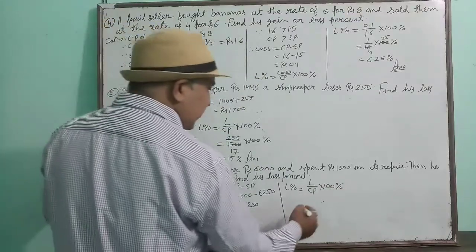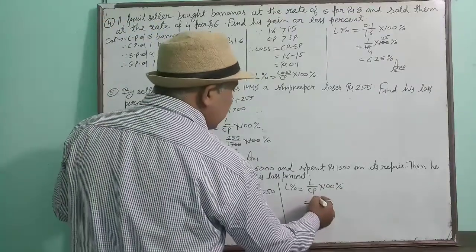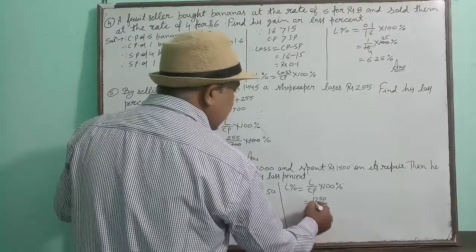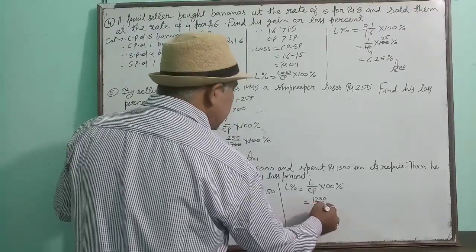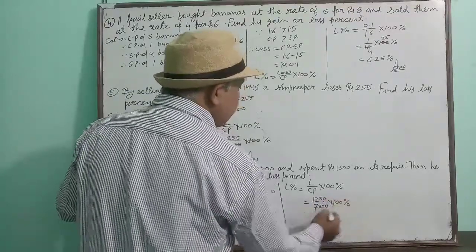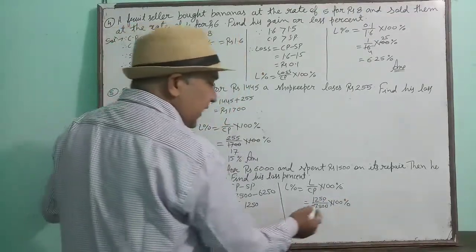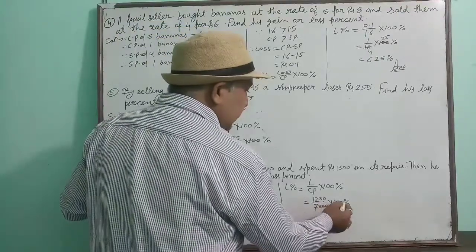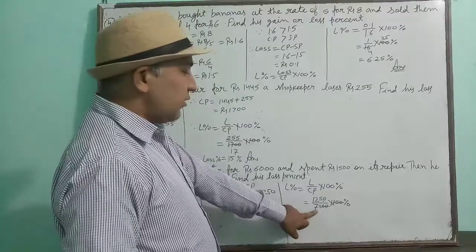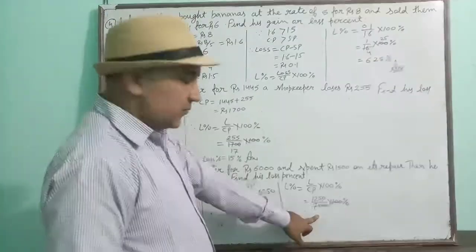Now put the value and calculate it. Loss is 1,250. Cost price is 7,500 multiplied by 100%. You can see that both the zeros are cancelling each other by 100. 100 is dividing 7,500 by 75 times.